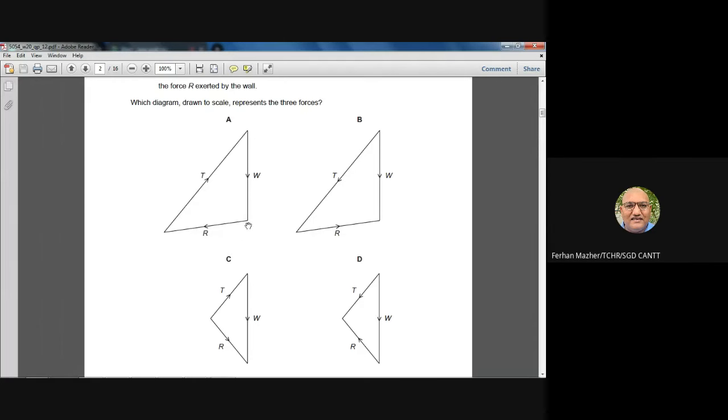The tail of the third vector is at the head of the second vector, and the head of the third vector has joined the tail of the first vector. This diagram obeys the head to tail rule, and because the head of the last vector joins the tail of the first vector, the resultant force is zero. It means the three forces have balanced each other. So I think A is the right choice.